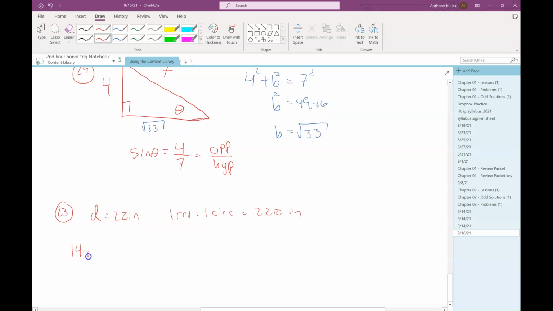So I'm going to convert from 14 miles per 1 hour into revolutions per minute. I'll start by converting hours into minutes.